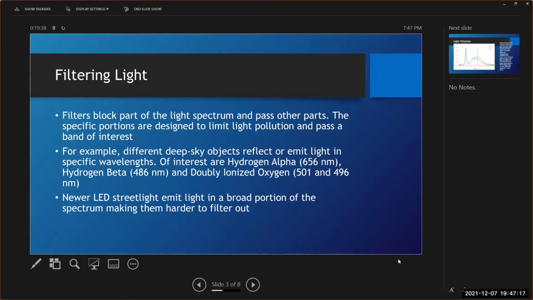Now we have these wonderful LED lights, and they broadcast this giant spectrum. And so it's harder to block that. It turns out with the LED lights, those things can be made with filtering in them. I don't know that I've seen that in the United States, but I'm aware that they can be made.